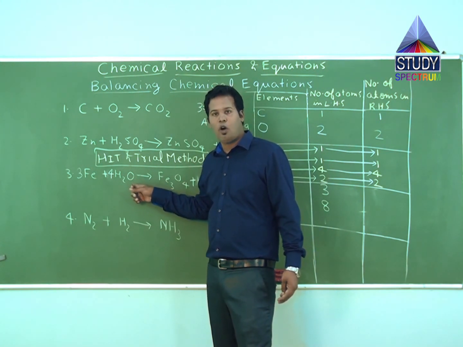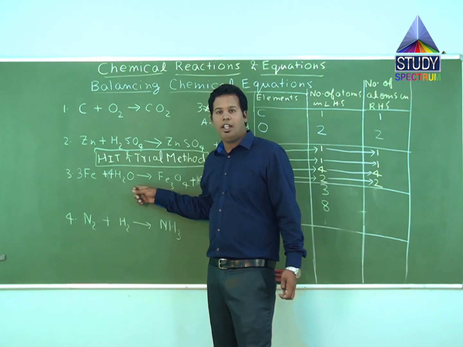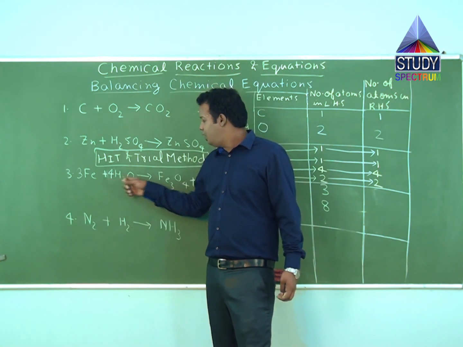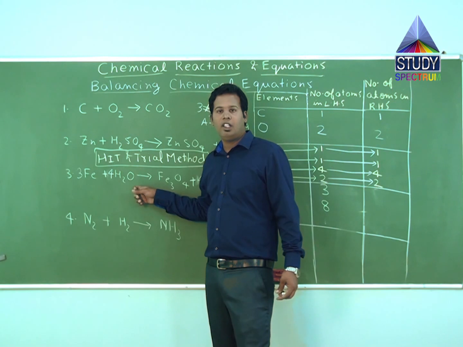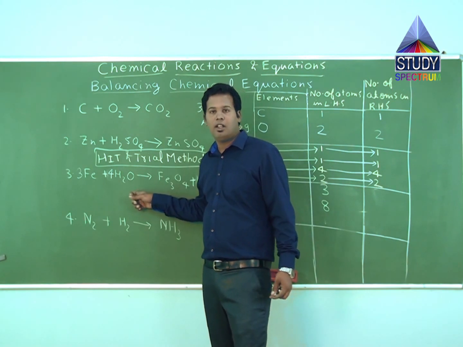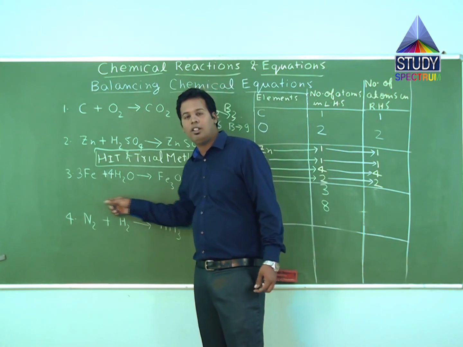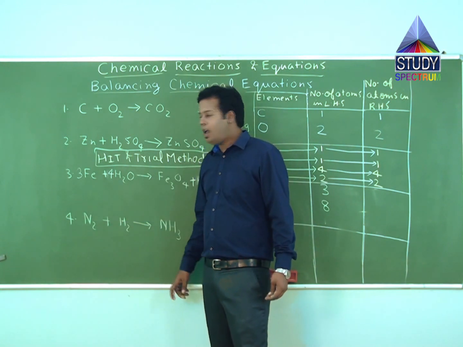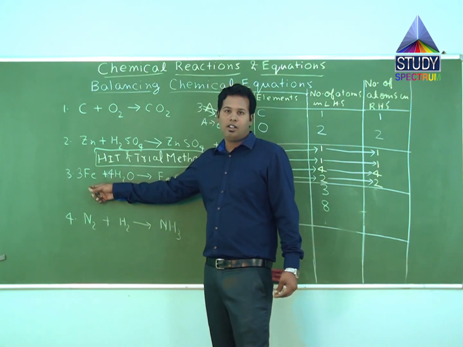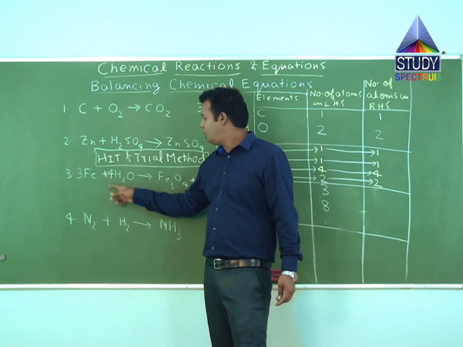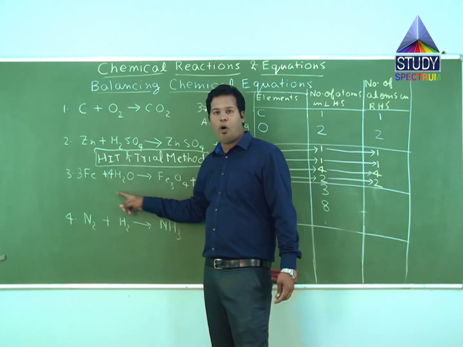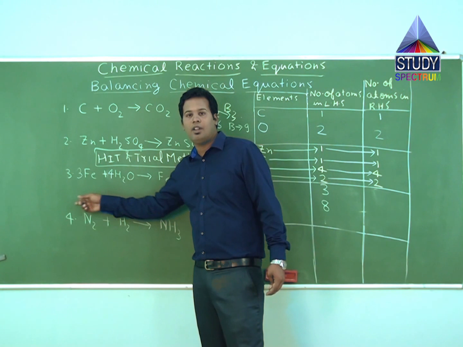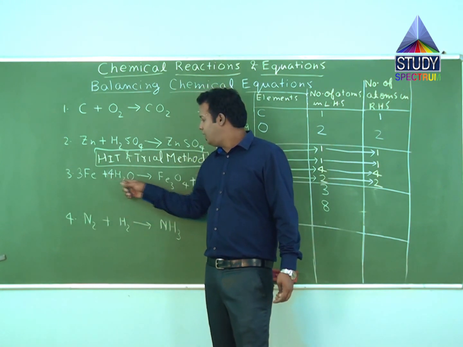So the coefficient into the suffix of this element will give the number of oxygen atoms in this particular reactant and also in LHS. Why? Because the first reactant does not contain oxygen. So whatever the number of oxygen atoms in this compound is will be the number of oxygen atoms in LHS. So 4 into 1 is 4.